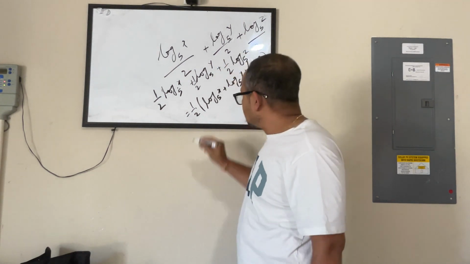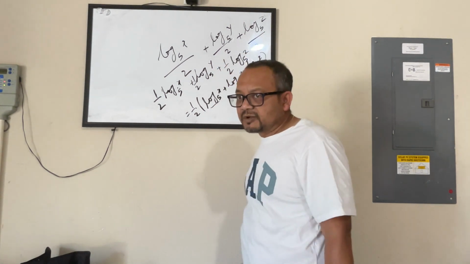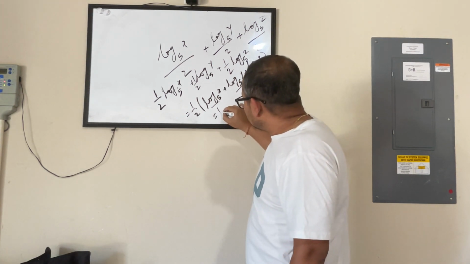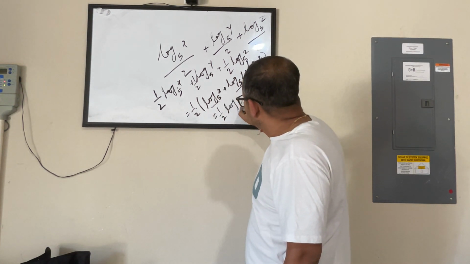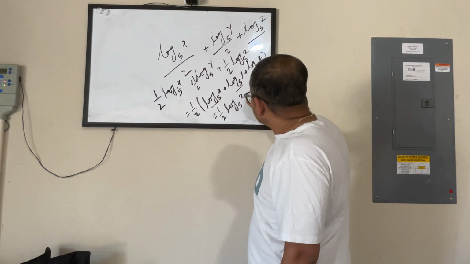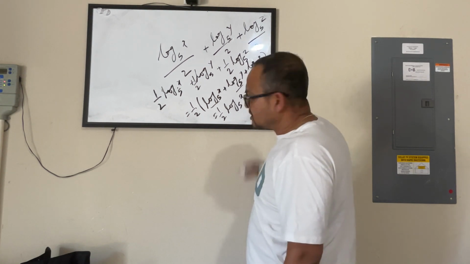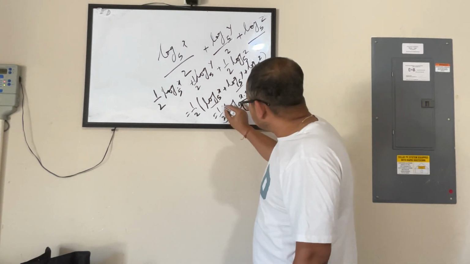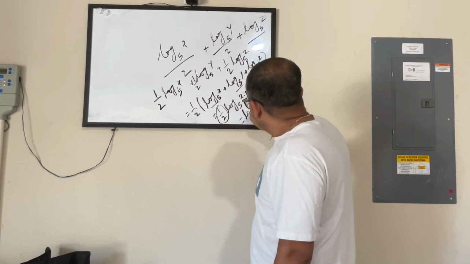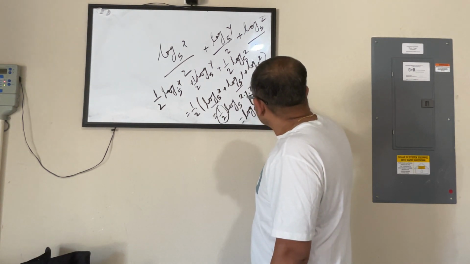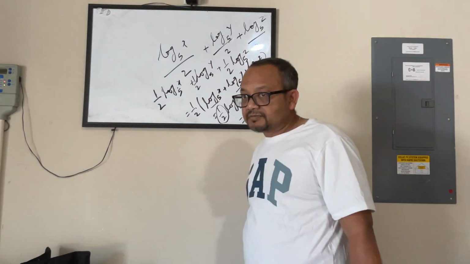Yeah? This is plus. That is multiplying. Yeah? It's 1 by 2 of log 5x into y into z. Yeah? I don't like this 1 by 2.